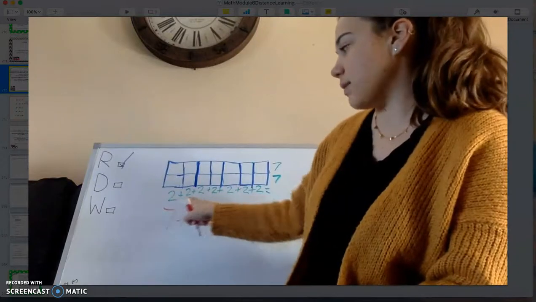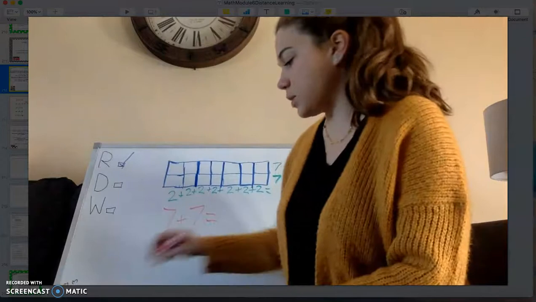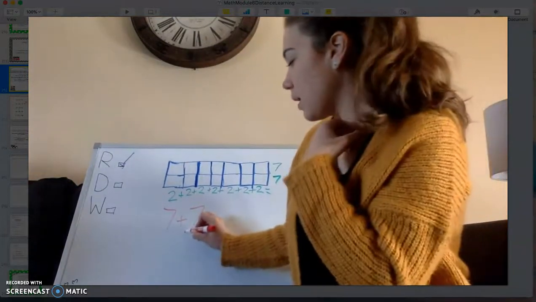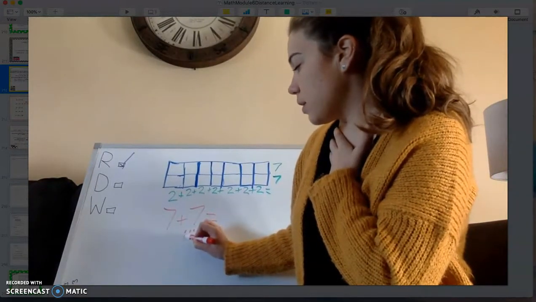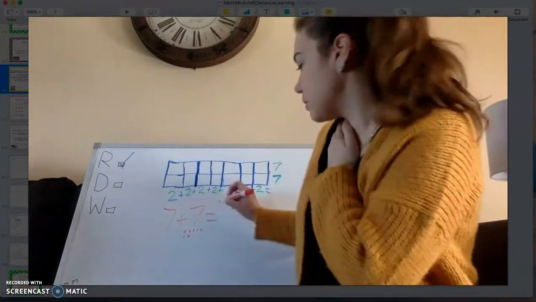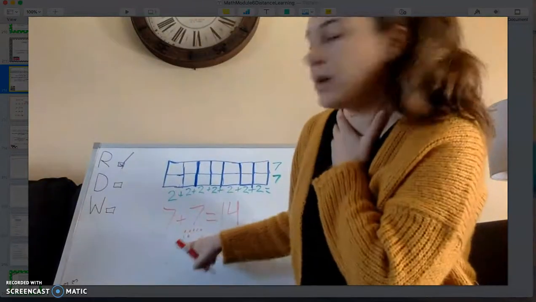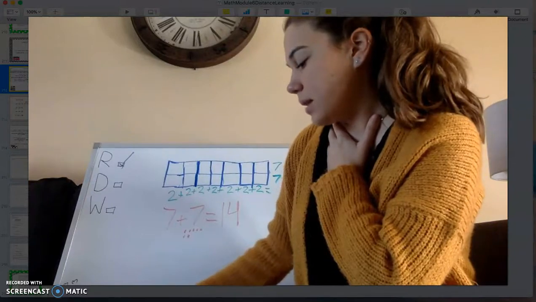This way I did 7 groups of 2. We're going to do it this way today. So what is 7 plus 7? We have 7, 8, 9, 10, 11, 12, 13, 14. 7 plus 7 is 14. So we have figured out how many there are when there's 7 on each side of the table.